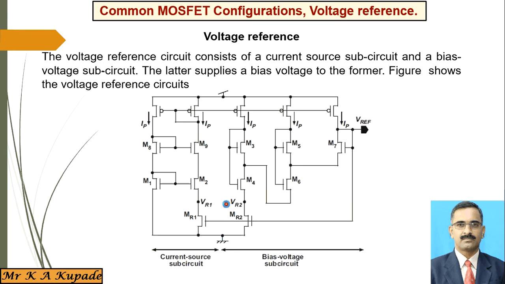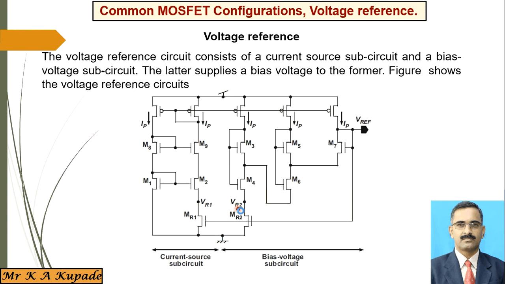The gate terminal has a MOSFET diode configuration, and the signal comes from the bias voltage sub-circuit, and another has a diode configuration of a MOSFET.